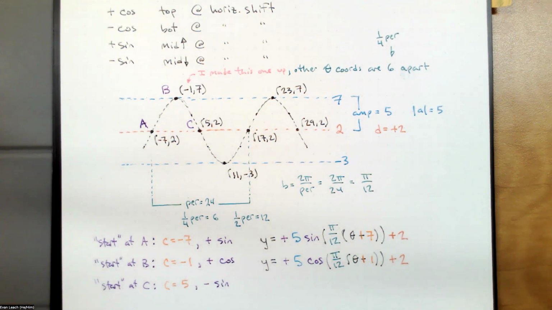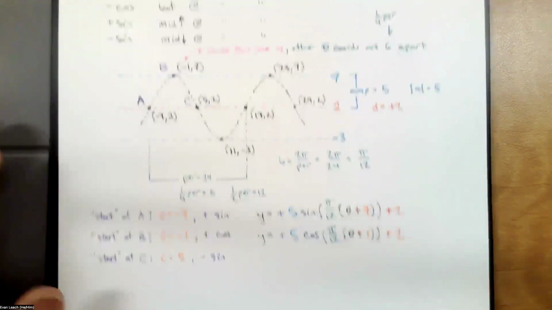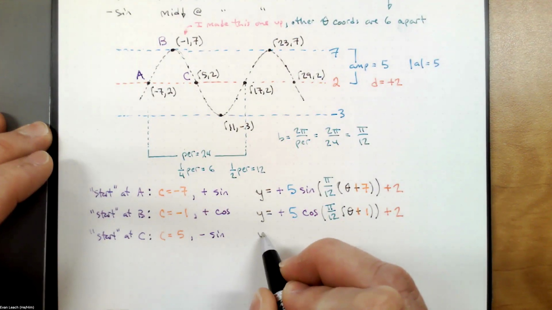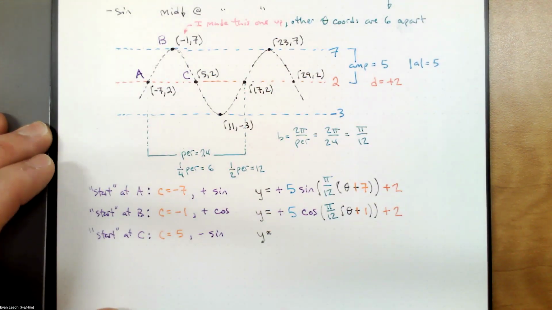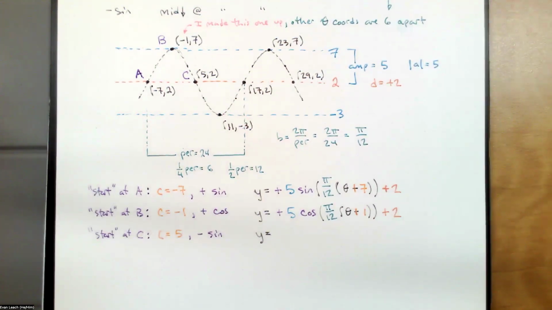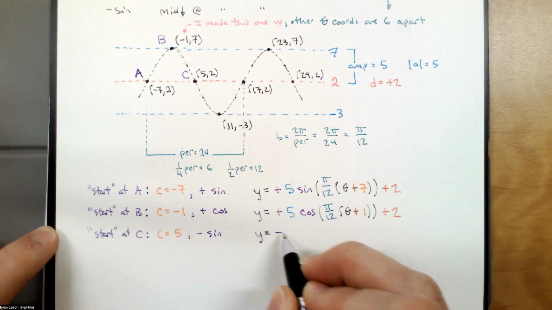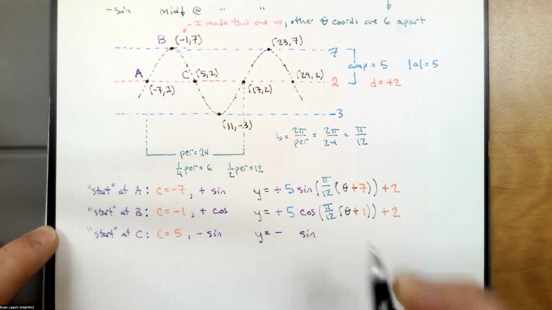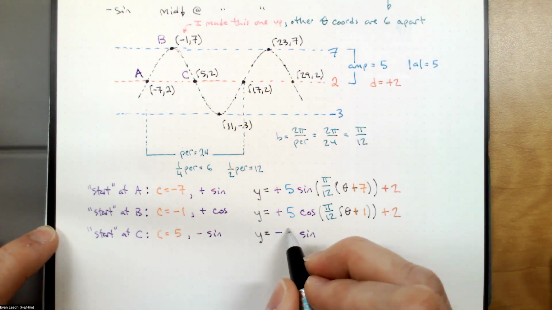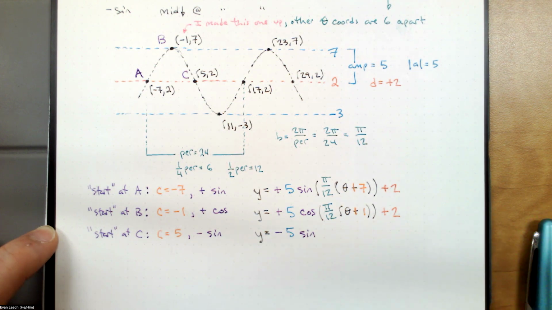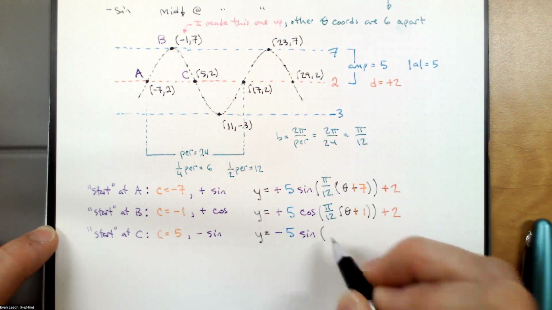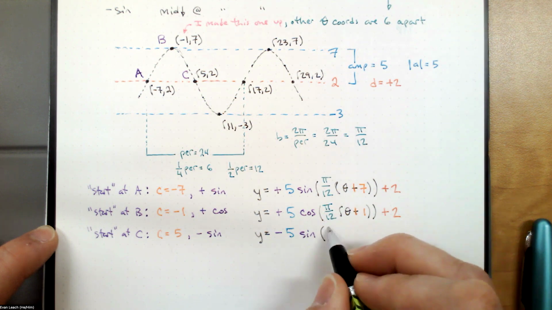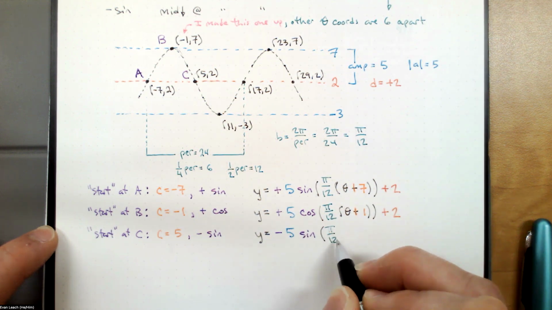Now we've got all 5 parts: A, B, D, C, and plus or minus sine or cosine. Our amplitude is still 5. Period is still 24, so B is still pi over 12.